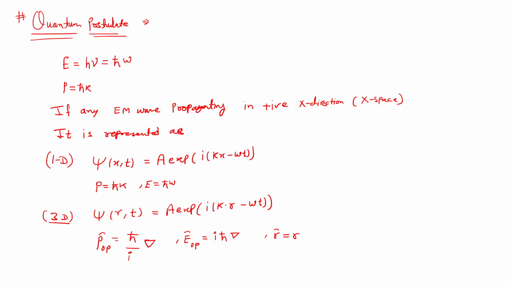Okay. So you all know the total energy. It's okay if you don't know. Total energy H is given as T plus V, where you have kinetic energy and potential energy.